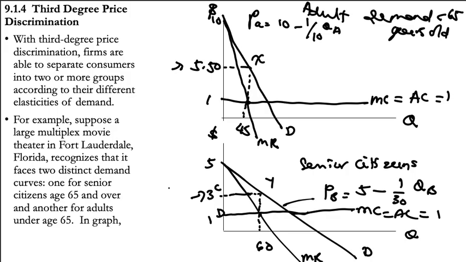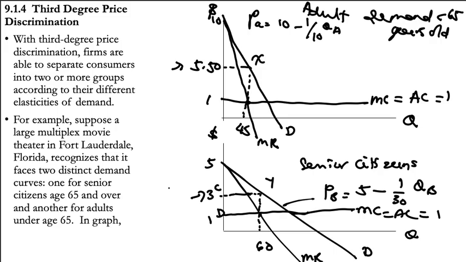As long as the firm can separate consumers into two or more groups because of their different elasticity, then you can charge different prices. In other words, as long as the firm can distinguish the groups by their different elasticity at any given price, when they adopt third degree price discrimination, they will get more profit.